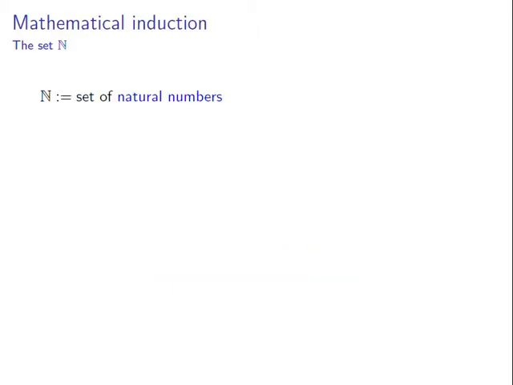We use the symbol ℕ to denote the set of natural numbers. Depending on the context, this is either the set of all positive integers or the set of all non-negative integers.